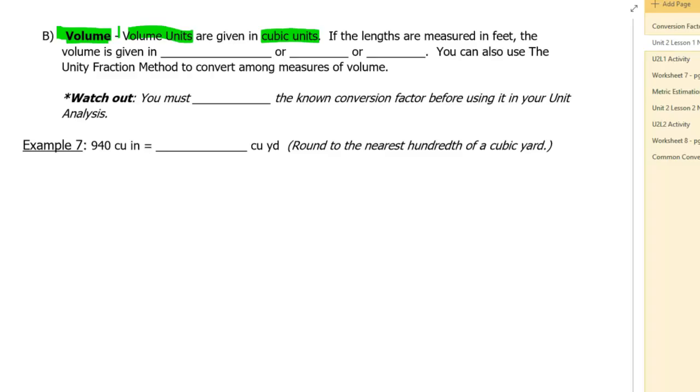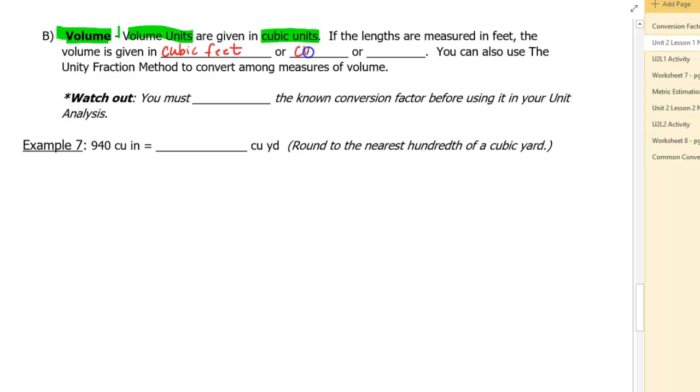If they were measured in, let's say, feet, the volume is given in cubic feet, because cubing is the word we use for the third dimension, or multiplying something by itself 3 times, the exponent of 3.